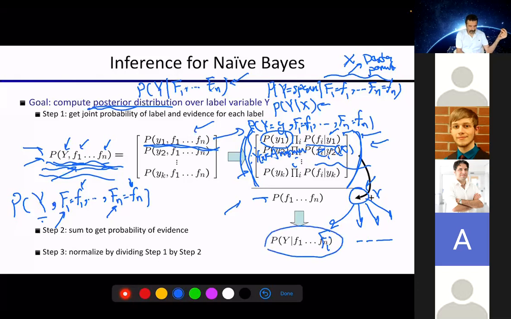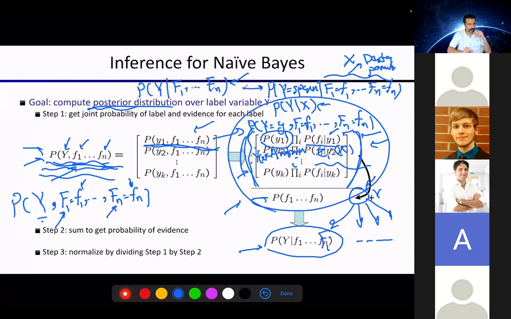We get this probability distribution because this is what we wanted to construct. So based on this normalization, we could construct this discriminative model, or posterior distribution, over these label variables.